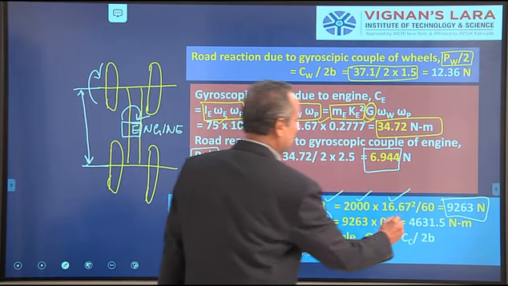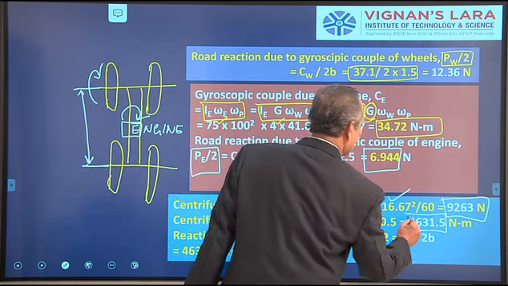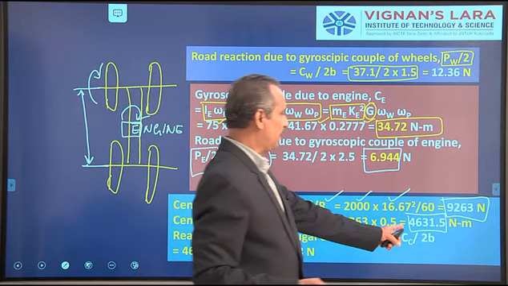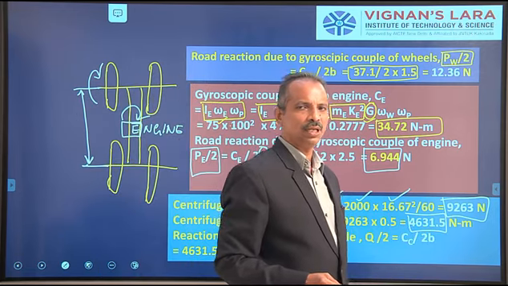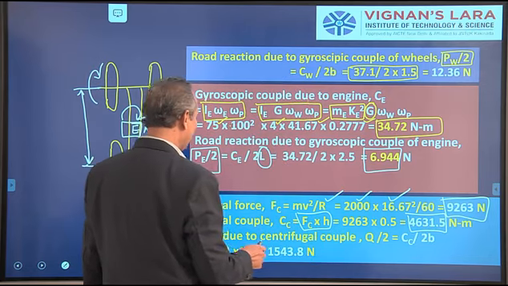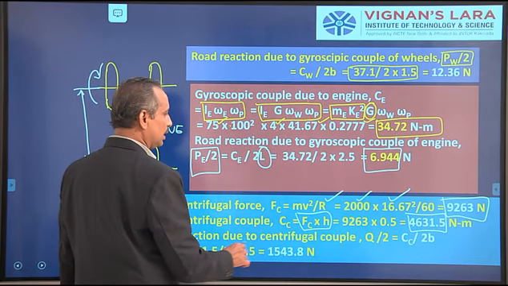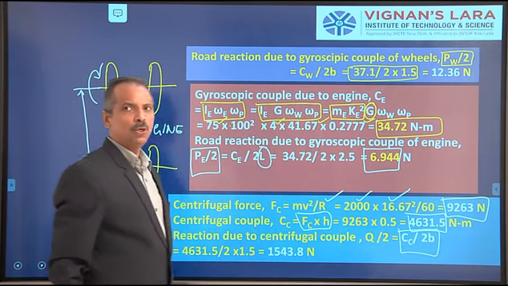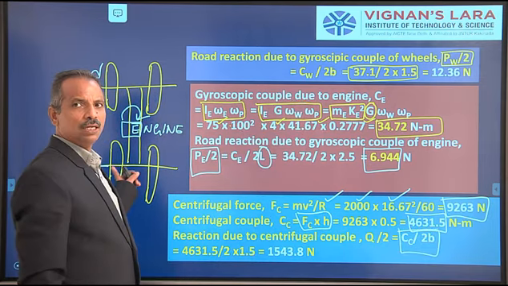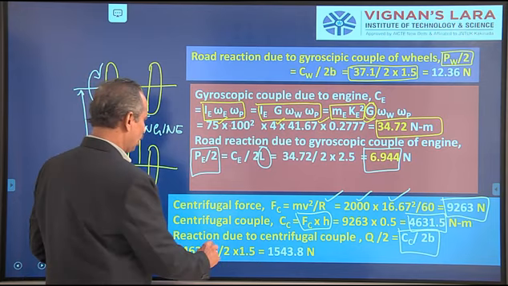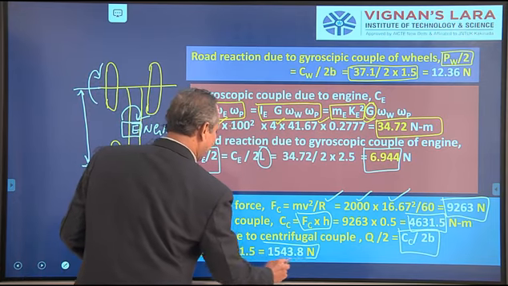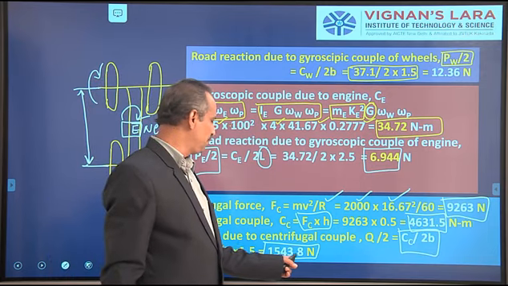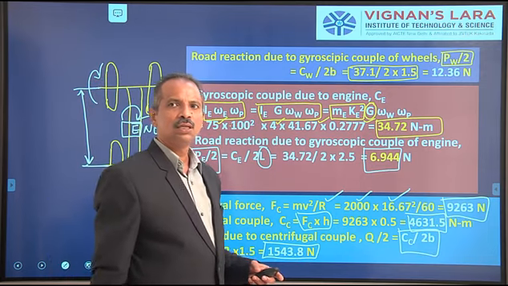So 9263 into 0.5 gives me the value of 4631 Newton meter. What is the reaction due to this? That is nothing but the couple divided by 2b. By substituting the data, I get this value, 1543 newtons.